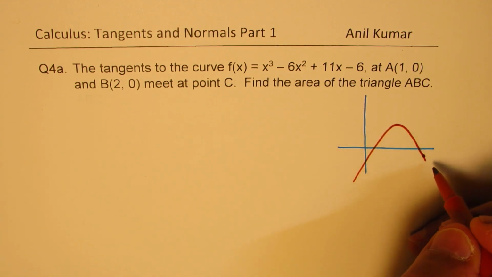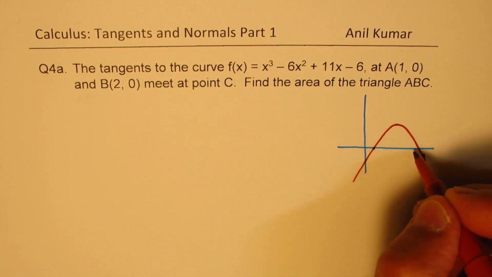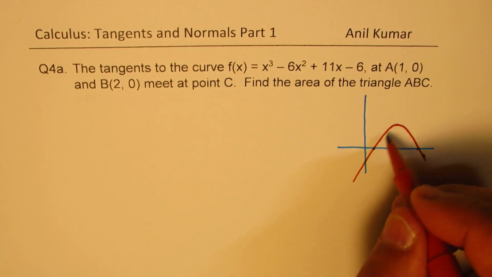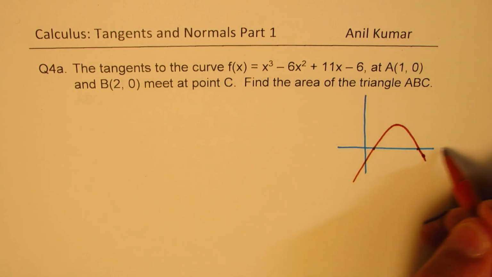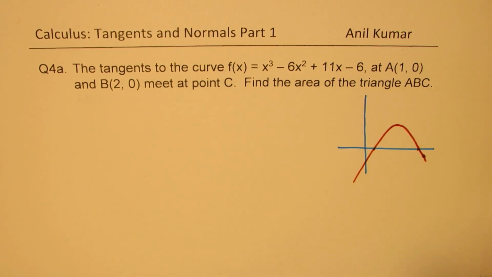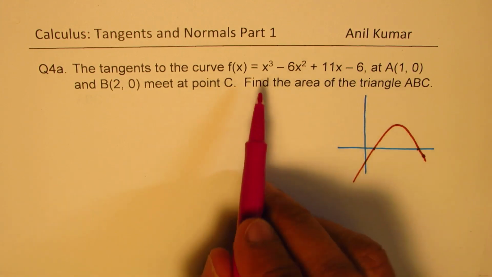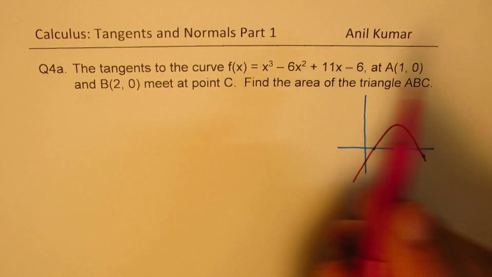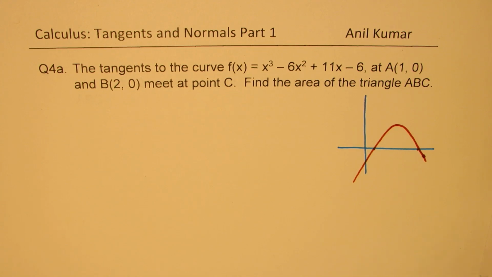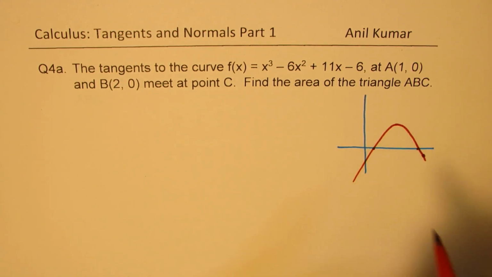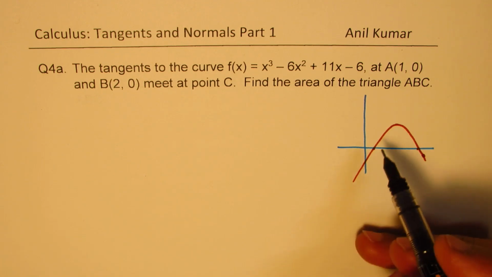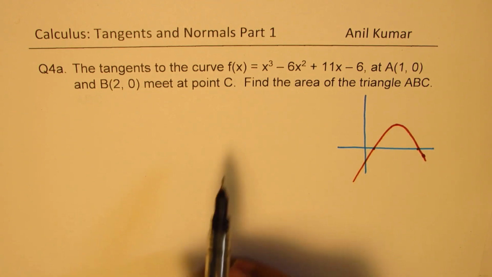These are the 2 points where the function is crossing the x-axis, 1 and 2. We don't know about the other part. We are assuming that since this is x cubed, the right side will be up. So somewhere it is going to turn and go that side. So a portion of the graph has been shown here.